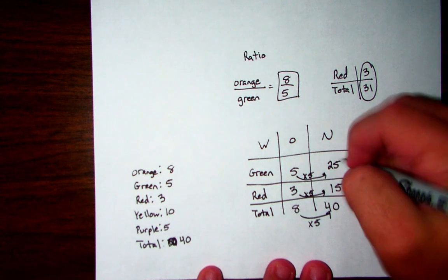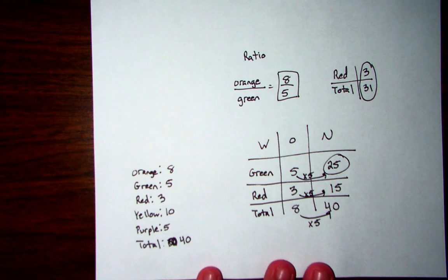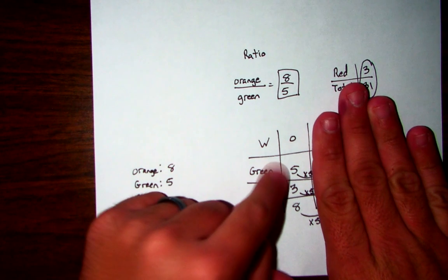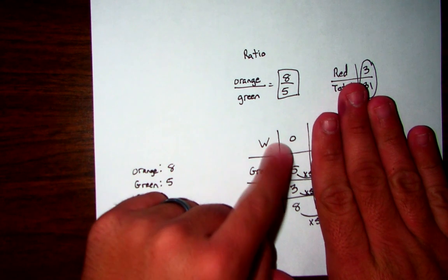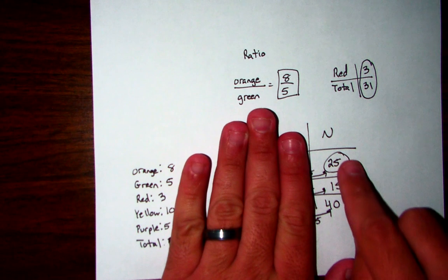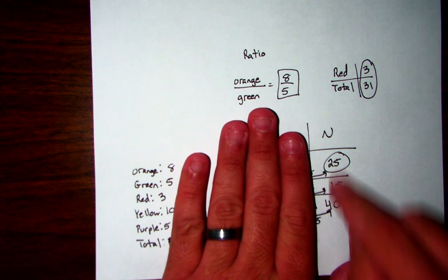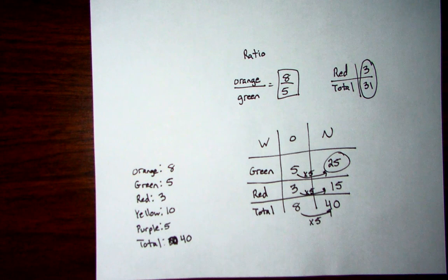Now, how many green Skittles would you have? 25 green Skittles. Now, I want y'all to check something out. 5 plus 3 adds up to 8, so those are good numbers. 25 plus 15, does that add up to 40? Yes, it does, so that's a good chance those are the right answers.